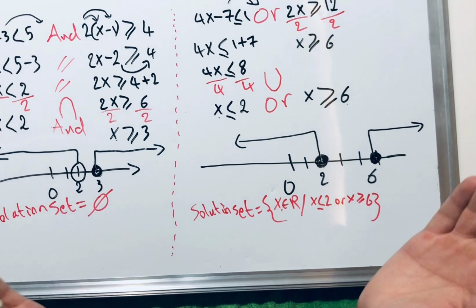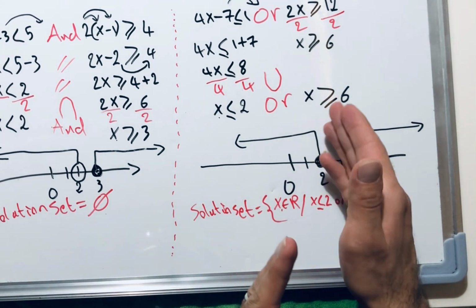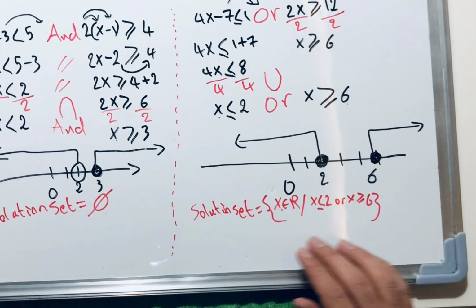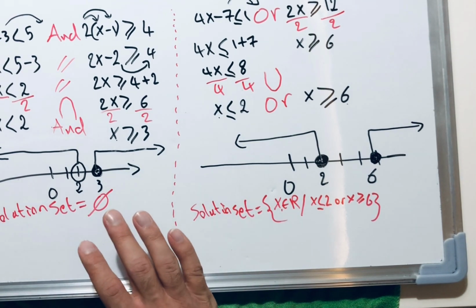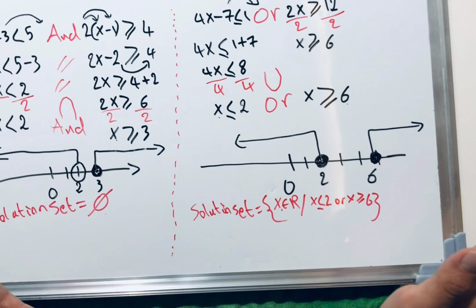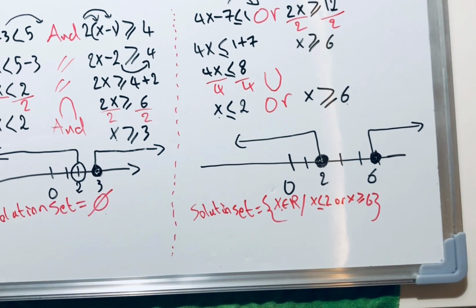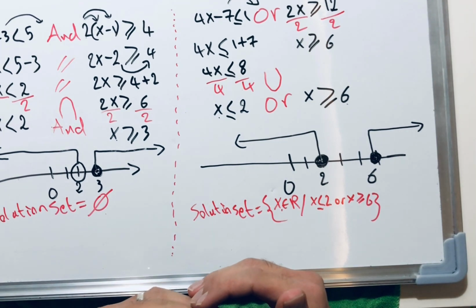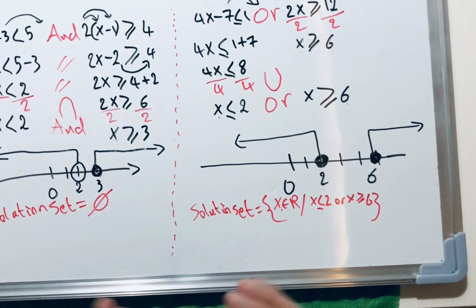So you don't think about them together, you choose one of the inequalities and you get values, okay? So that's the difference between or and and when the arrows don't meet. I'm going to be doing another video where the arrows meet, and then we can decide what is the real difference between them.